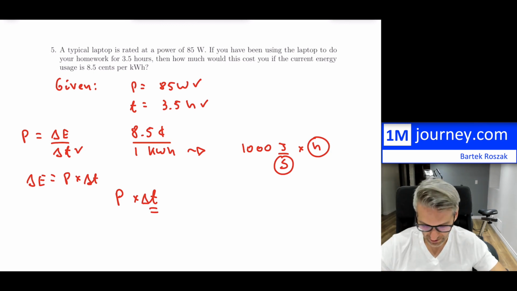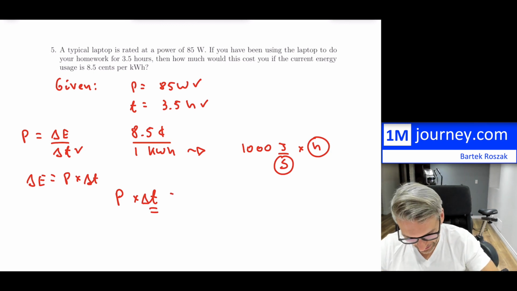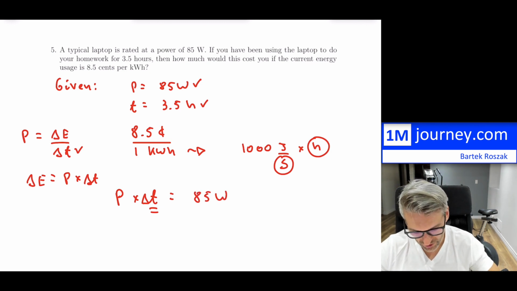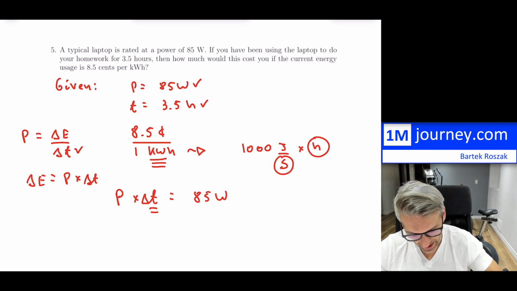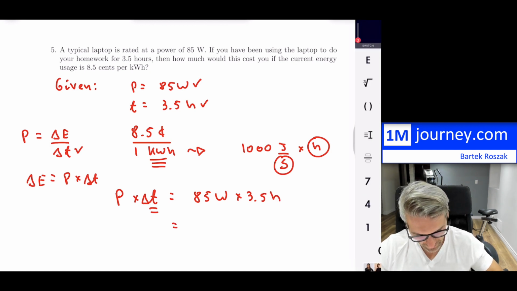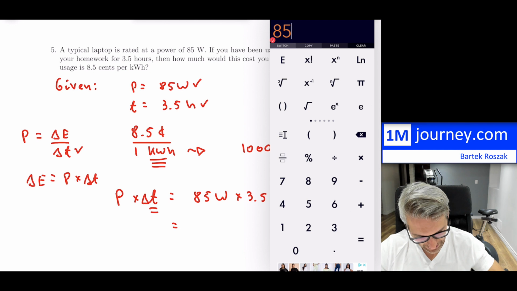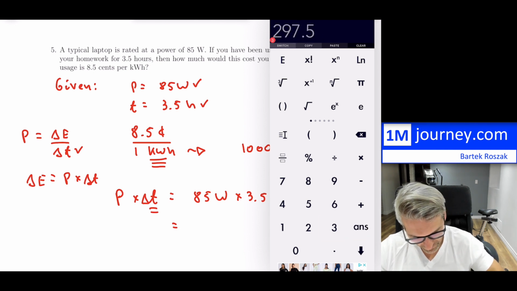And this is going to be 85 watts. I'm not going to convert this to seconds because this is in kilowatt hours. So I'm going to multiply this by 3.5 hours. Just bear with me. This is going to be 85 times 3.5.